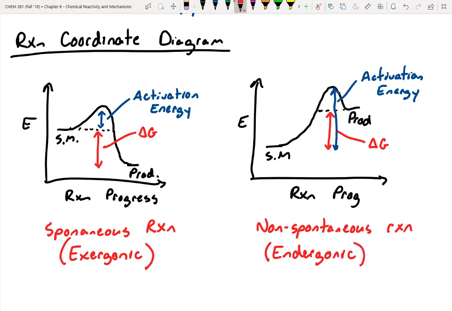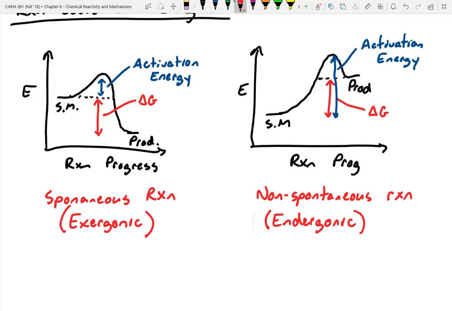In general, net reactions aren't non-spontaneous, but you may have steps in reactions that rely on a non-spontaneous step, and we'll talk about multi-step reactions a little bit later on. Does that make sense? All right, so now let's take a look at a weird example.